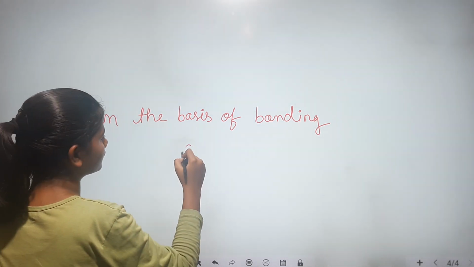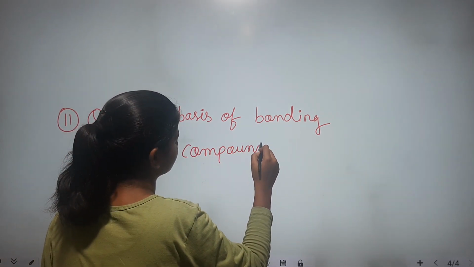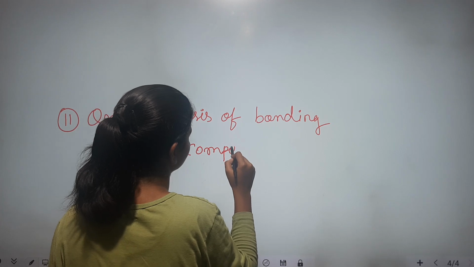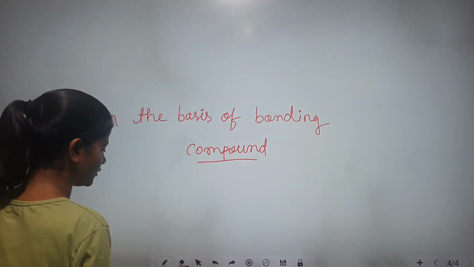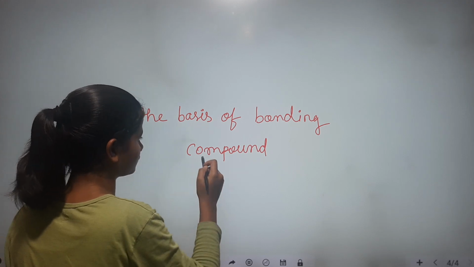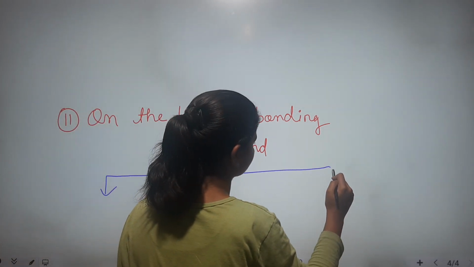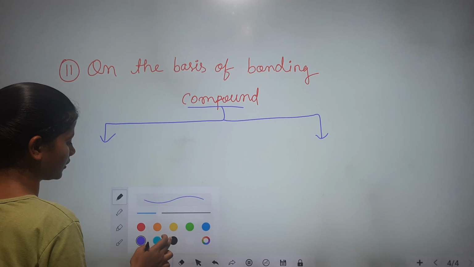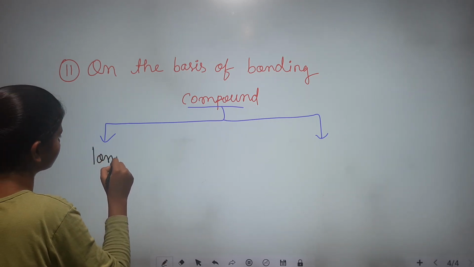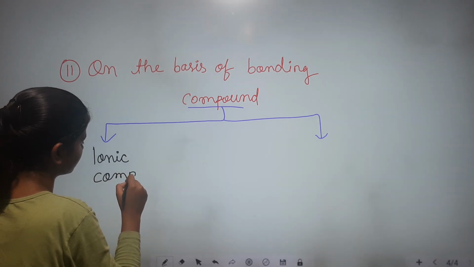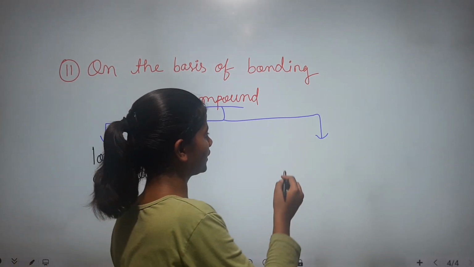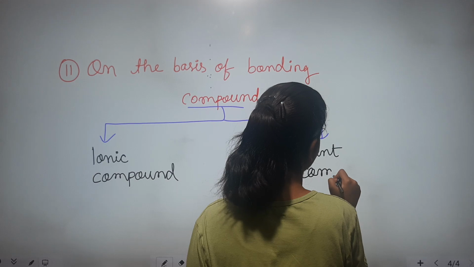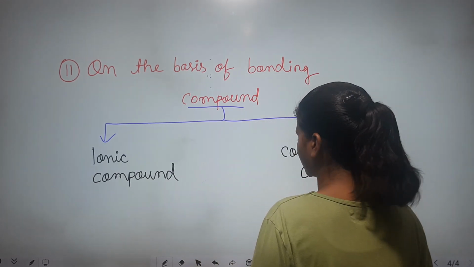Compound is divided into two kinds: first is ionic compound and second is covalent compound.